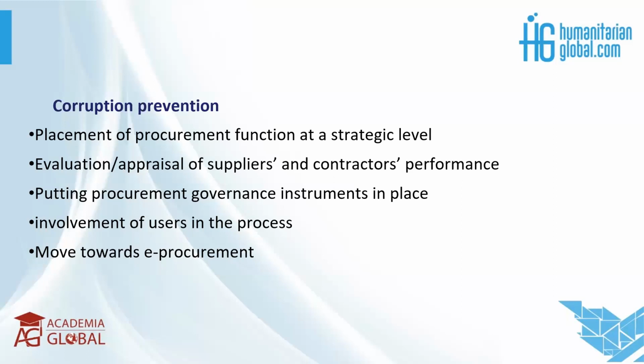That means that we make our budgets top down. We plan how much we're going to spend, where and how. Then we place it at a strategic level, and therefore it's not owned just by one person.